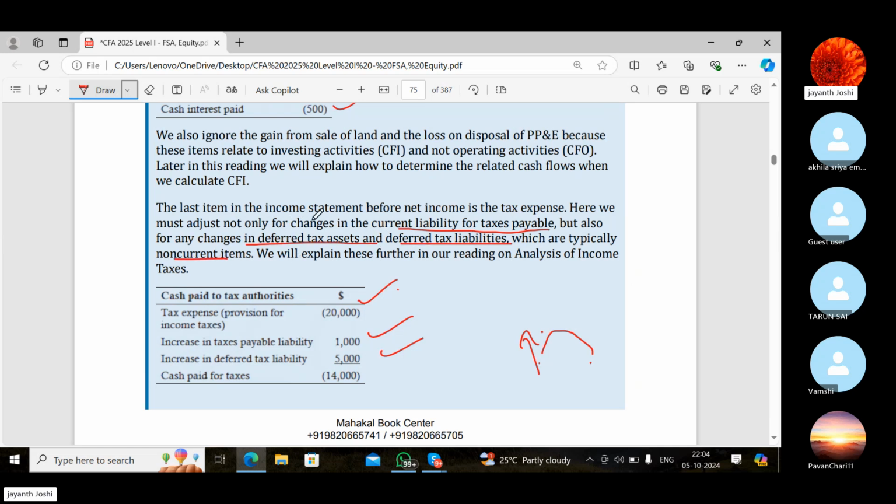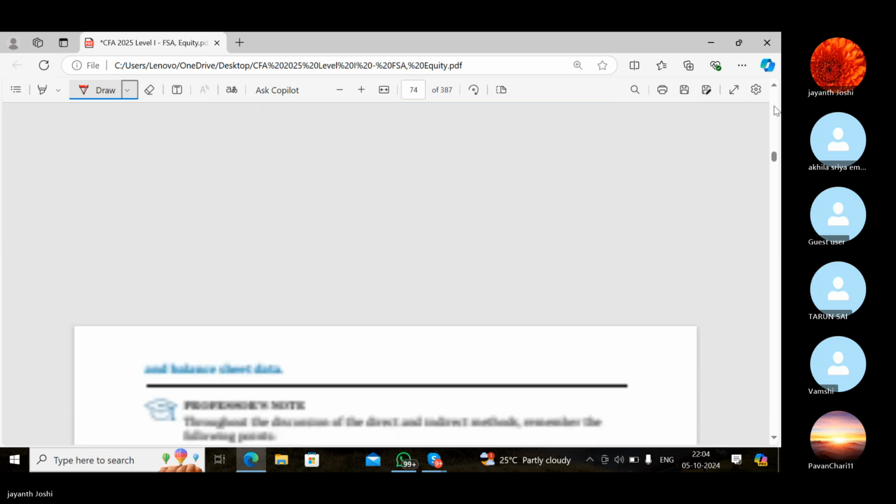So what you need to take precaution regarding the cash paid to tax authorities is that the aim is always to settle our dues to tax authorities if at all we can settle in that particular year itself. So we saw that this much tax we need to pay. This is given in the income statement.